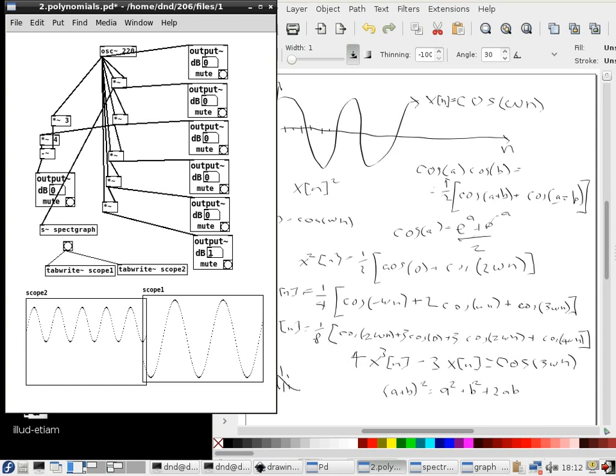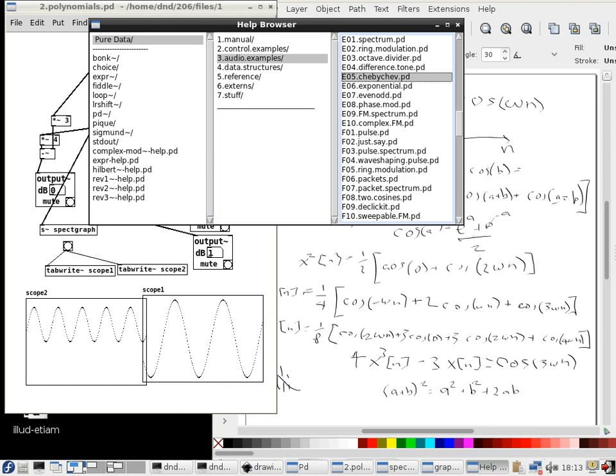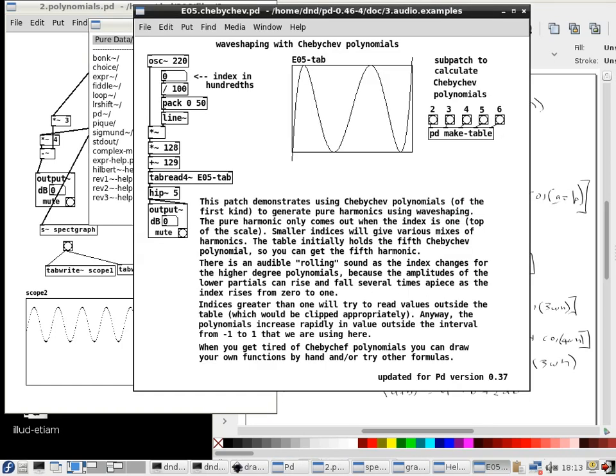So what I'm going to do now is get out the Chebyshev polynomial example, and you will see when I get it out why I just wanted to get it out instead of make it. It's down here. All right, so here it is.